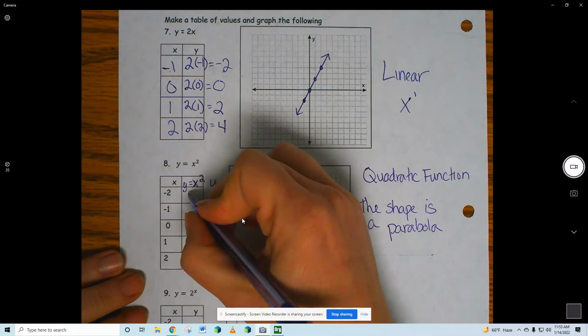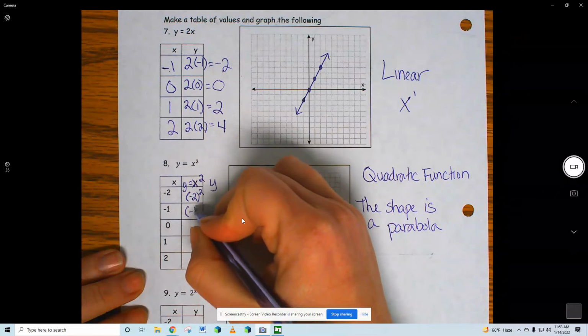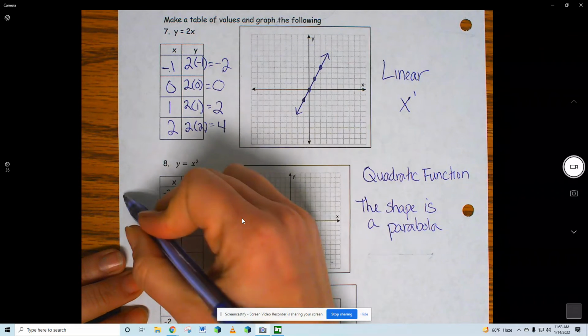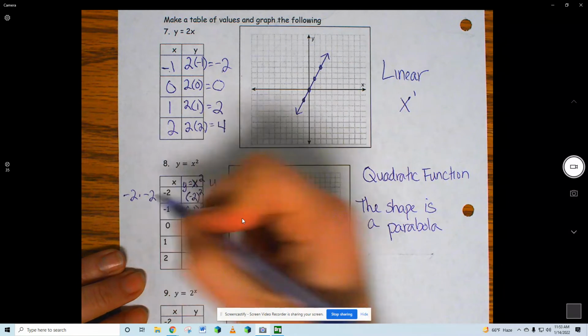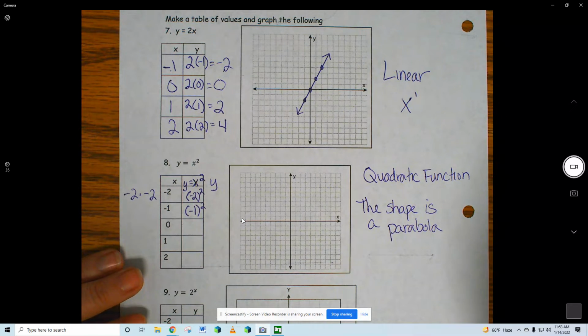So I'm going to do -2 squared, -1 squared. By the way, this means -2 times -2. And -2 squared means -2 times -2, times itself.